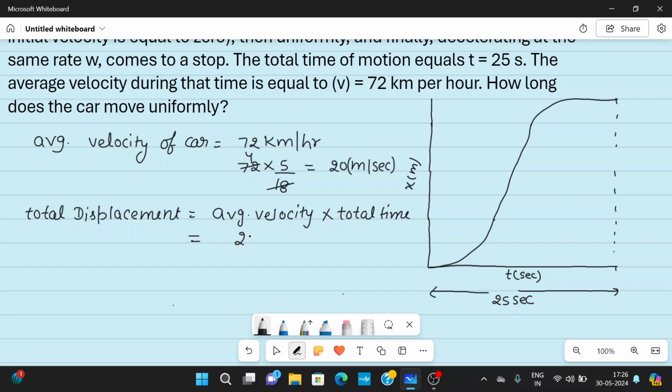Average velocity is 20 meter per second and total time is 25 seconds. So it will come out to be 500 meter. So total displacement here will be 500 meter.